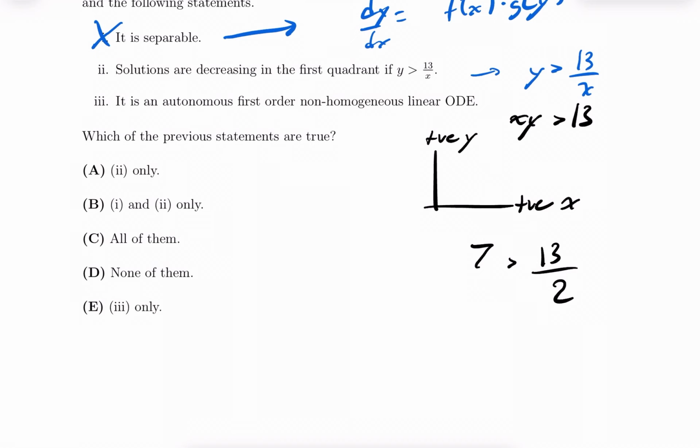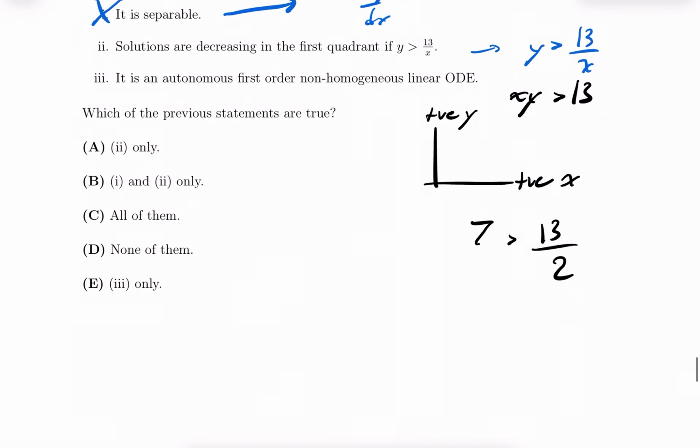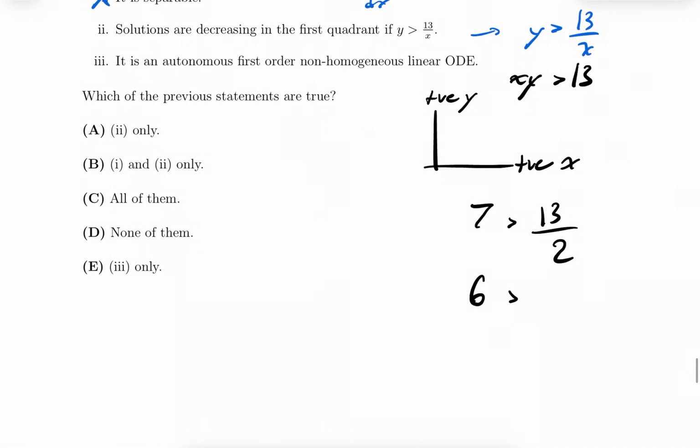Now if I plug that in, I get e to the 4 times 2 squared, to the 16. So I get some huge number. Now if I go down just 1, I get 6 is greater than 13 over 3. 13 over 3 is 4.3, so we're still good.